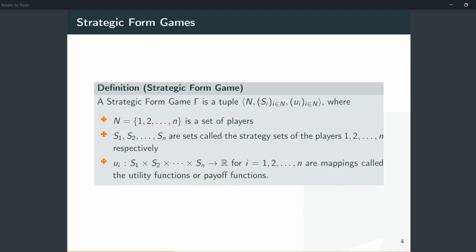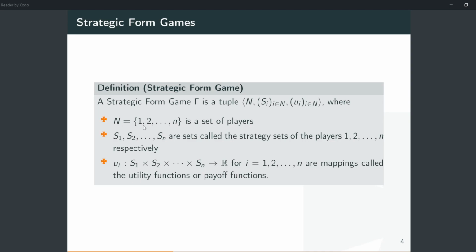Before going forward, let's formally define what a game is. A very common representation is using strategic form games, also called normal form games. It is a tuple of N, the strategies and the payoff functions. The strategies are denoted by S_i, and U_i are the utilities or payoff functions.